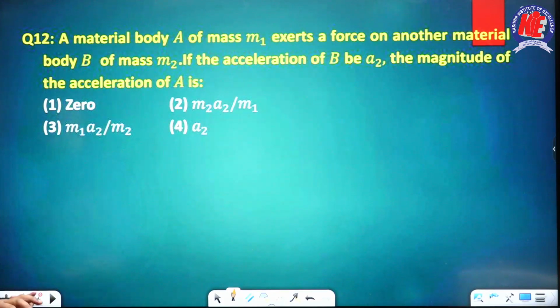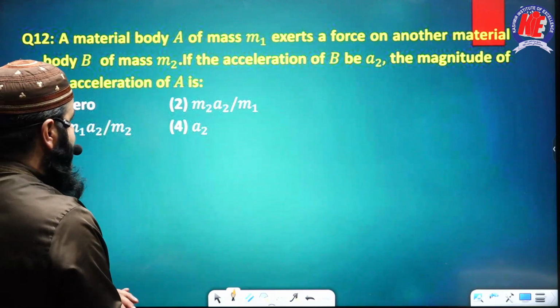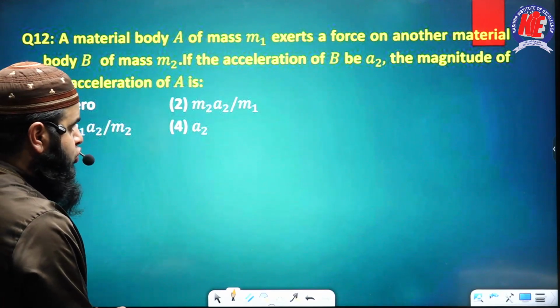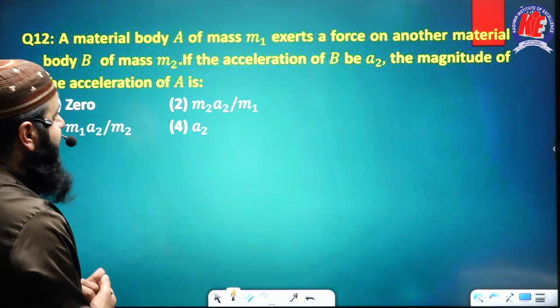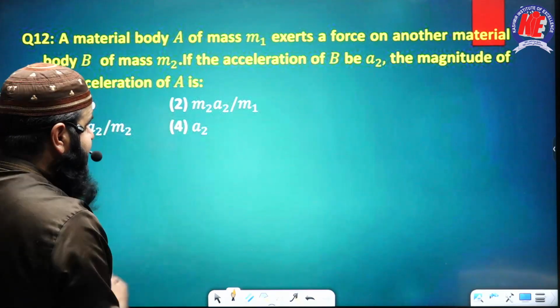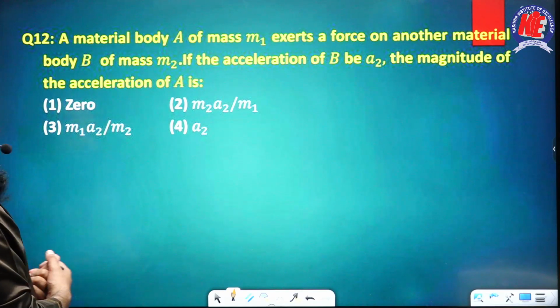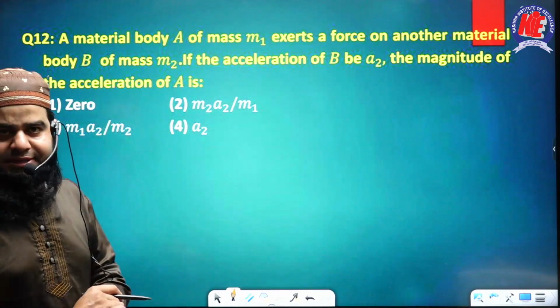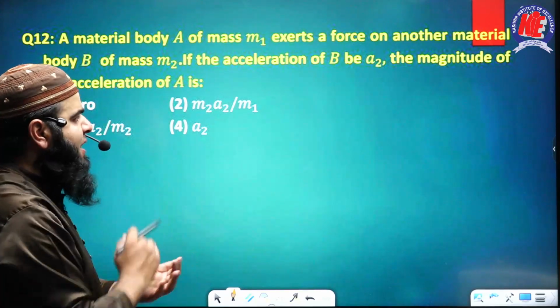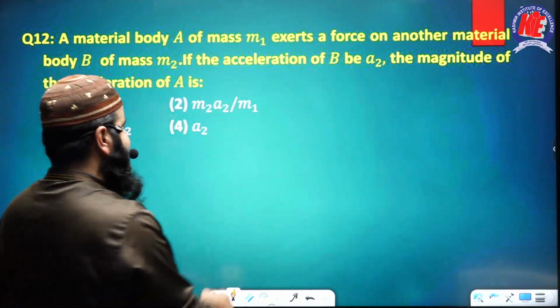Next one please. A material body A of mass m1 exerts a force on another material body B of mass m2. If the acceleration of B be a2, the magnitude of the acceleration of A is... एक बात तो पक्की है, जितना force A B पे exert करेगा उतना B भी A पे exert करेगा, based on Newton's third law.